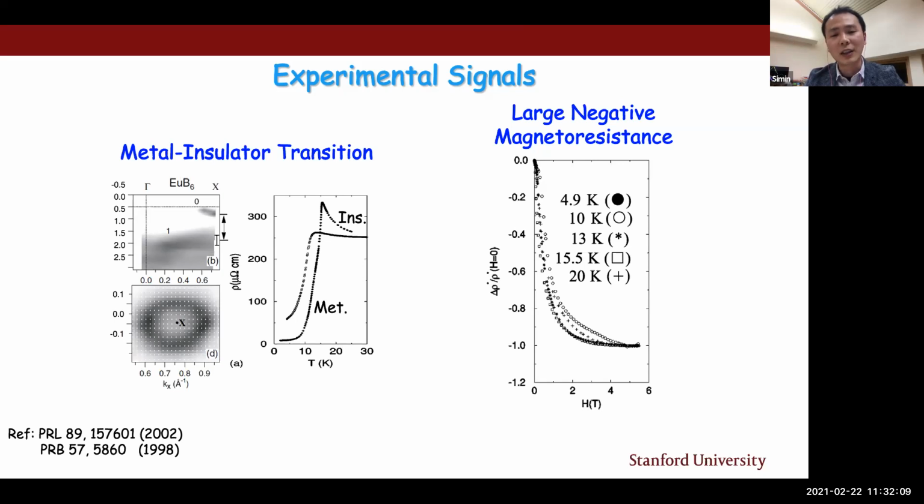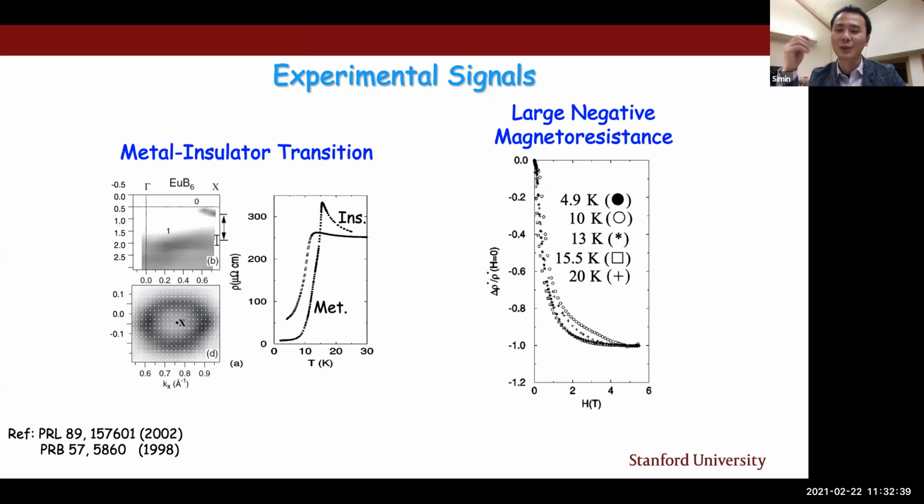And if we have magnetic fields, then we can explore the interplay between the magnetic field and the Weyl point, as we show here. So it can have the chiral anomaly. We already know that magnetic fields will usually increase the resistance, because the electrons move in circles in the magnetic field.